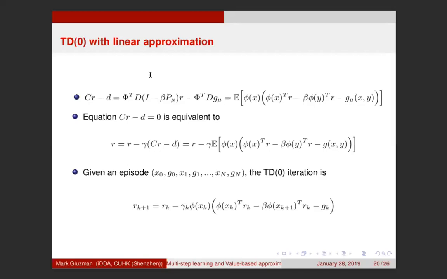Each time we can estimate this expectation based on one transition, so we substitute x_k instead of x and x_{k+1} instead of y, and we get an update formula for our parameters R.